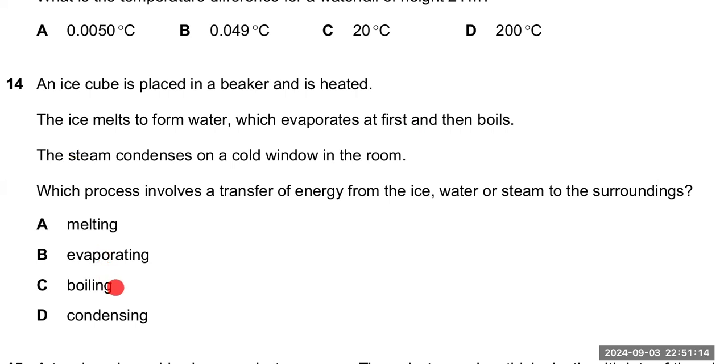Boiling means when the temperature reaches 100 degrees Celsius, then the water starts to boil. But in condensing, steam condenses on a cold window in the room. So your correct answer will be D, condensing. Is it okay? Yes. Now move towards the next question.